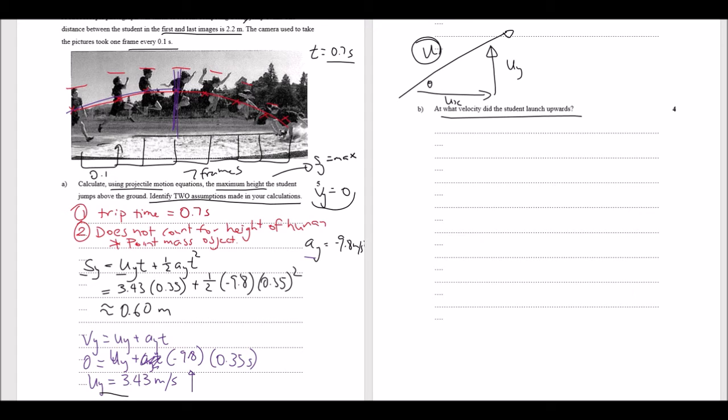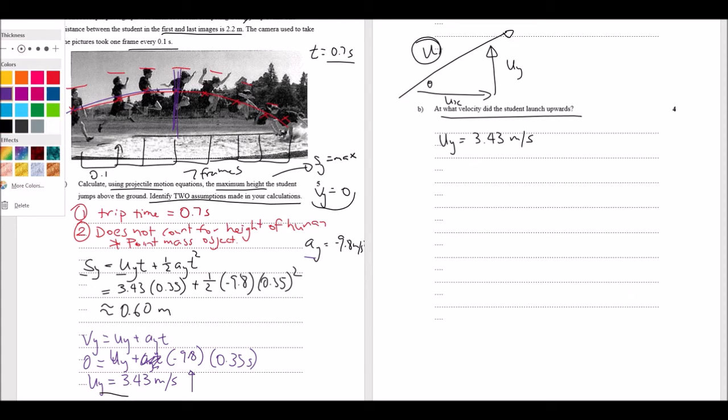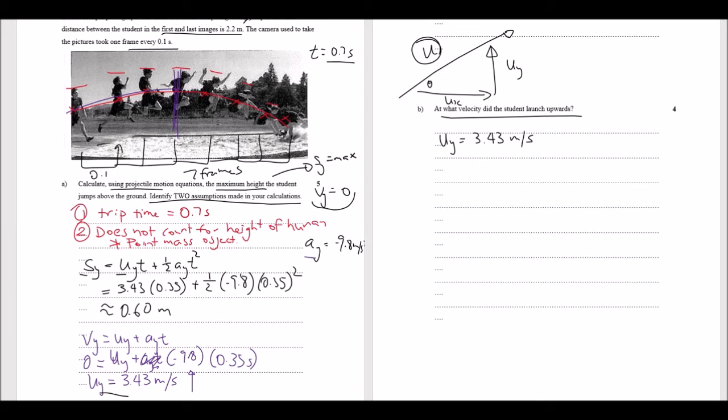So I already know what uy is, so I can just write that down. That's 3.43 meters per second. I'm going to change to a different color to find ux. So ux can be found because we already know the displacement and time t. So t in this case we're using 0.7 because we're looking at the entire trip time here.